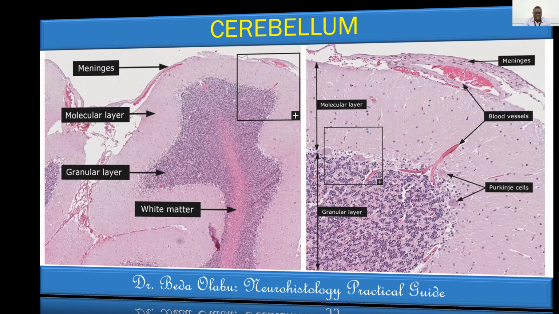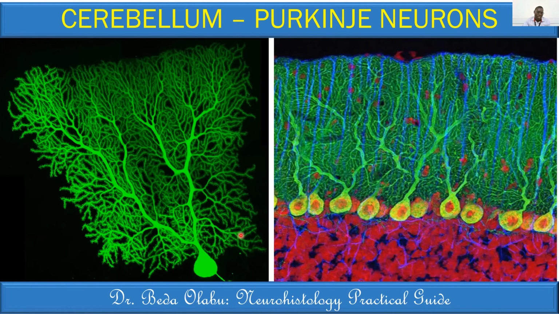It looks like that. Characteristically, the cell body is like a round bottom flask. And then it has extensive dendritic arborization, as you can see there. And then it has a basal axon.